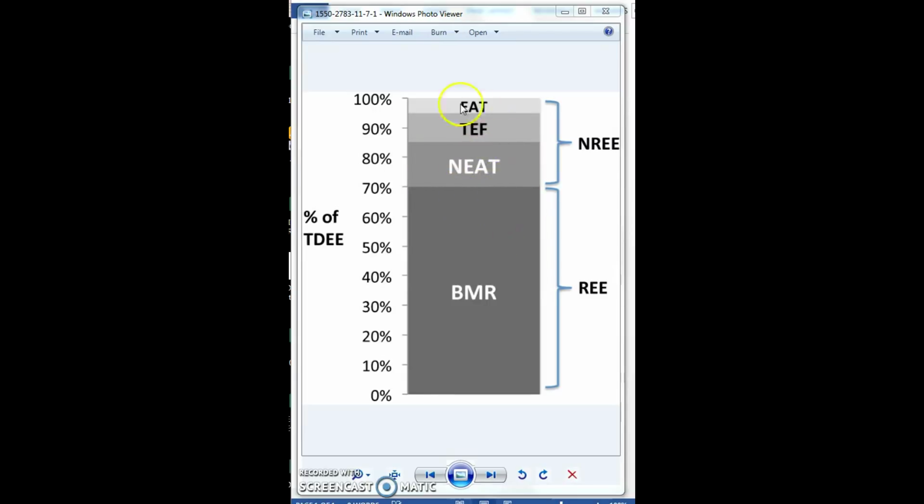The next part is the thermic effect of food, which is about 10% of your metabolism. What that means is every time you eat, you burn calories. Every time you eat, it actually increases your metabolism because you give off heat to digest food. Now, notice it's only 10%. It doesn't mean that every time you eat a huge meal you're going to burn a lot of calories.